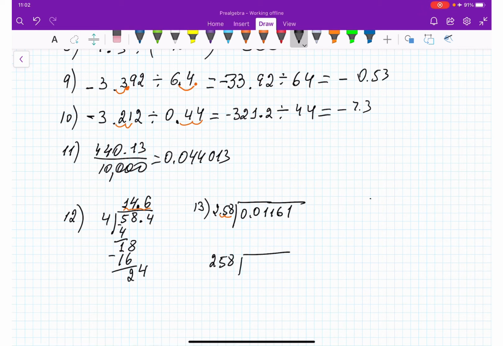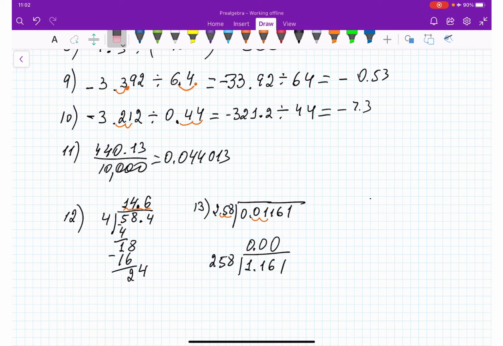And here also I'm going to move by 2 positions to the right. It's going to be 1.161. Okay, let's see. 1 divided by 258, you can't divide, we put 0, and the decimal notation, we put also. 11 is not divisible by 258, so it's going to be another 0. 116, also not divisible, it's going to be another 0.